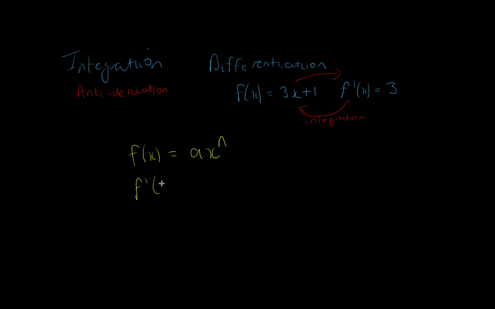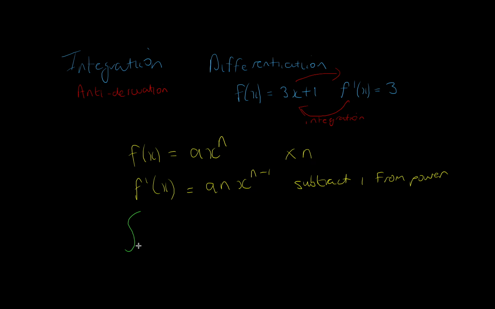The steps we use to get the derivative are to multiply by n, so it will be a n x, and then we subtract 1 from the power. Integration is the exact opposite.